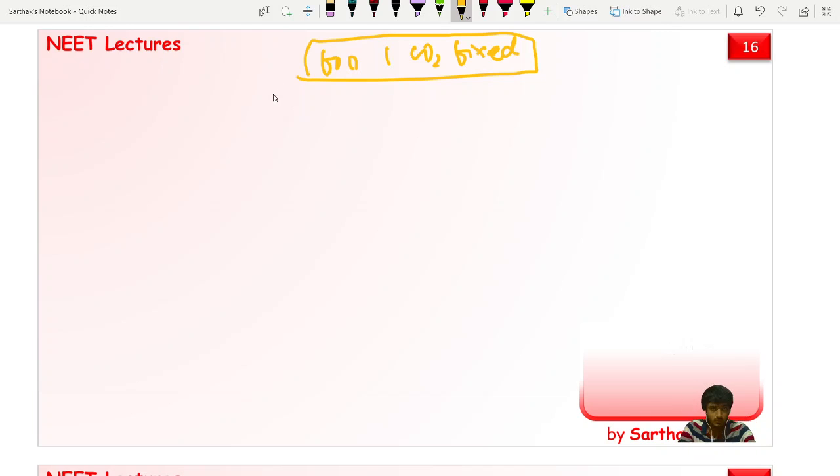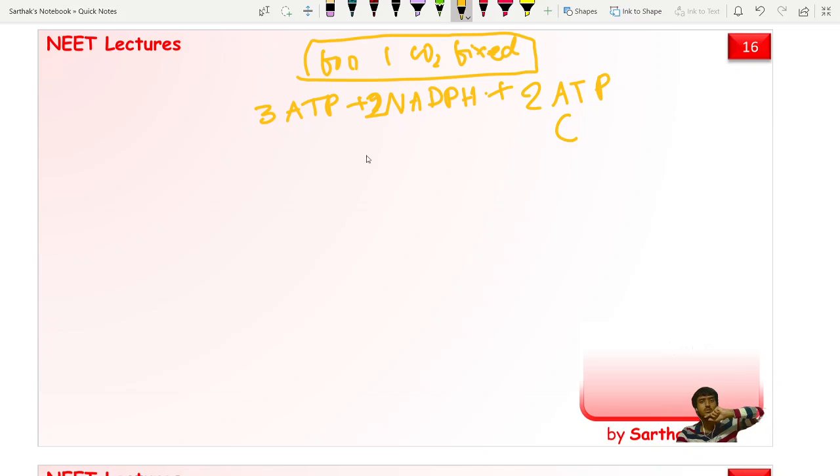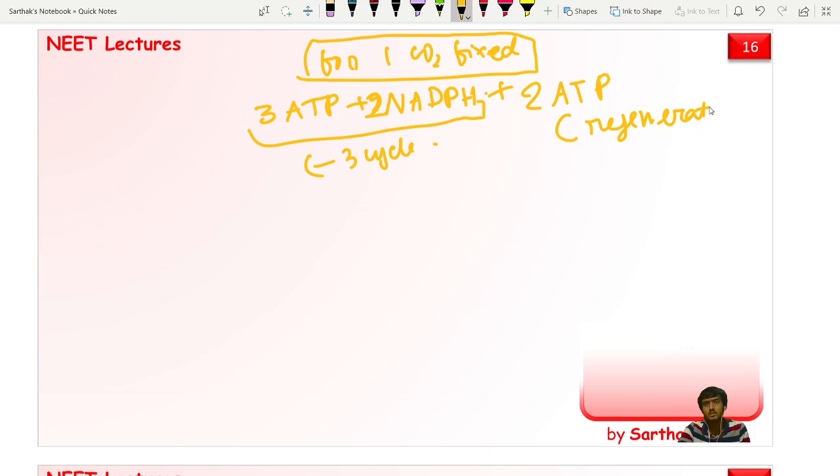So for 1 CO2 fixed there is a net 3 ATP and 2 NADPH used in case of C3 cycle, and an extra 2 ATP used for regeneration of the phosphoenol pyruvate from the C3 acid here. Okay.